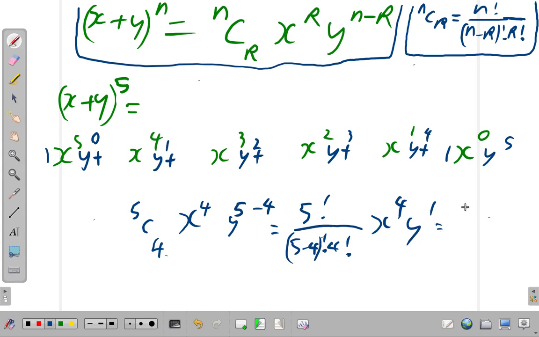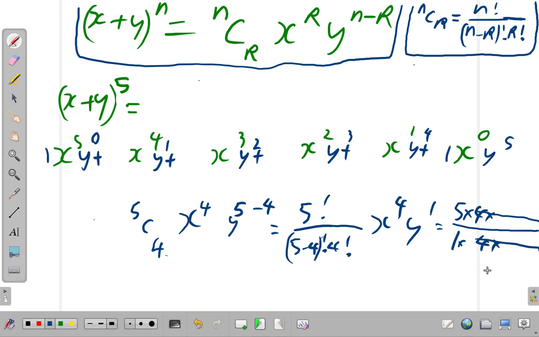This is 5 by 4 by 3 by 2 by 1, over (5 minus 4) factorial, which is just 1 factorial, times 4 factorial, which is 4 by 3 by 2 by 1. So the 4 factorial will cancel the 4 factorial.